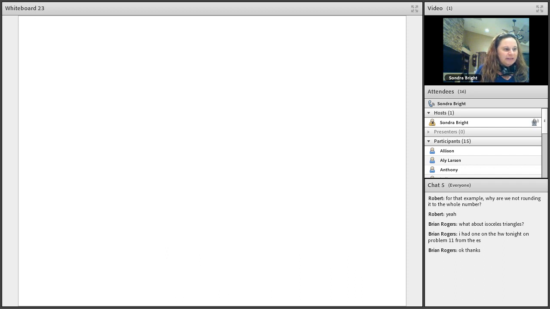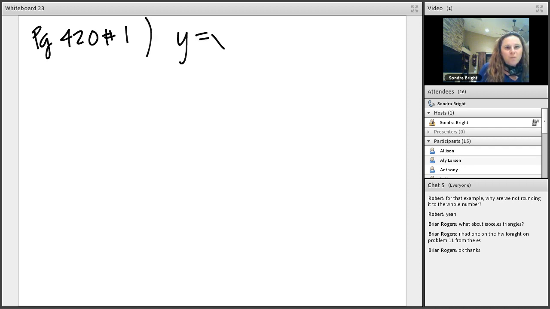Don't forget about the length of a curve. Let's do page 420, number 1. We want to find the length of the curve given by y equals x squared, from when x is negative 1 until when x is 2.